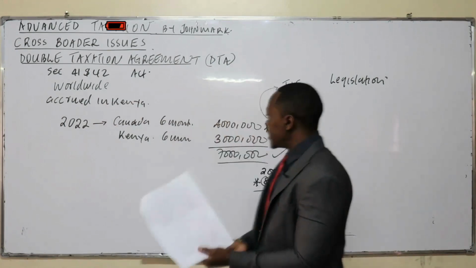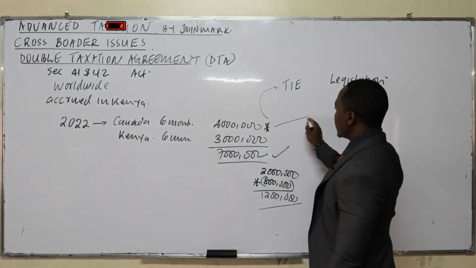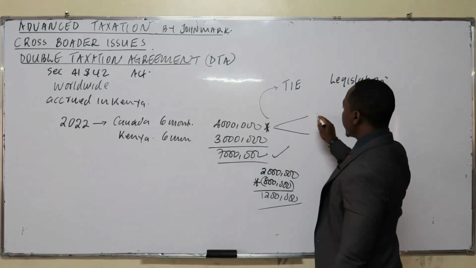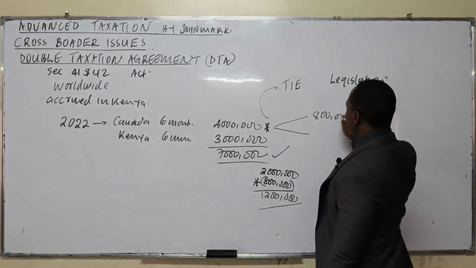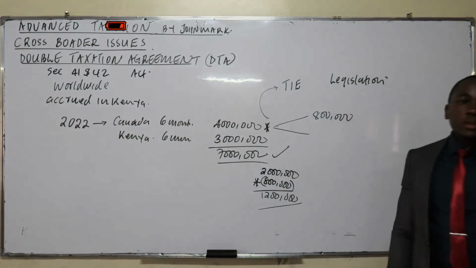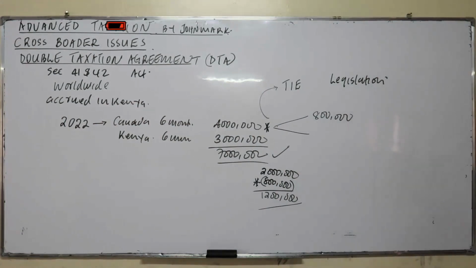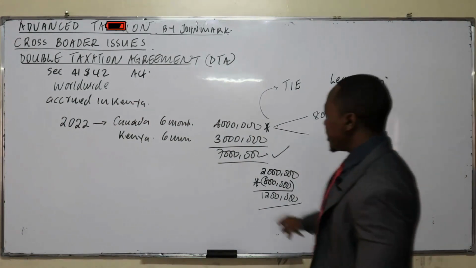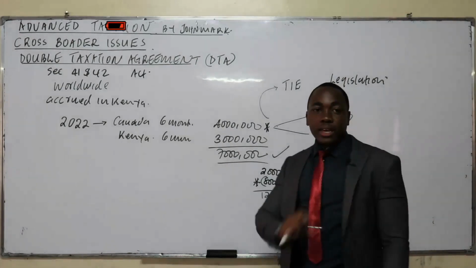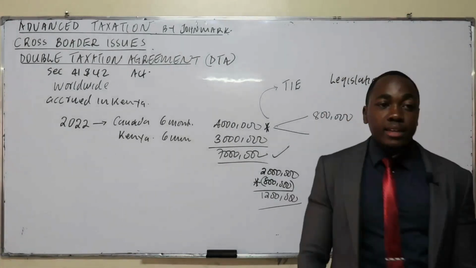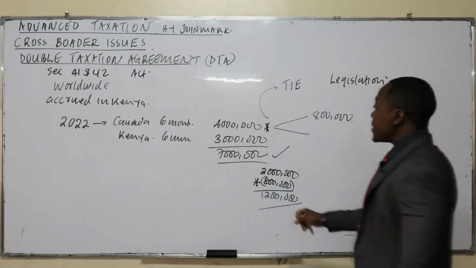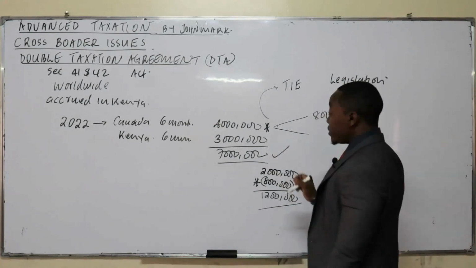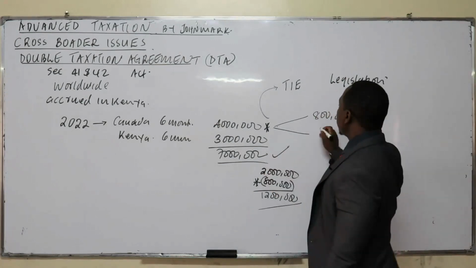What does it mean? Assume that you assess this income, and in Canada you paid 800,000. Then you assess now using the Kenya tax rate, the Kenya graduated scale rate. The amount you are supposed to pay using the Kenyan graduated scale rate is only 600.